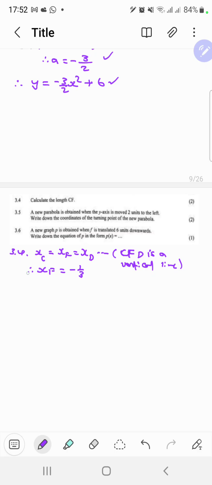Right. And then the next thing that we want to say here is that this implies that CF is basically going to be g at minus a third. We don't want to waste too much time there. What is that? This is 3 into minus a third plus 6. So these two cancel, so we get minus 1 plus 6, which is 5 units.